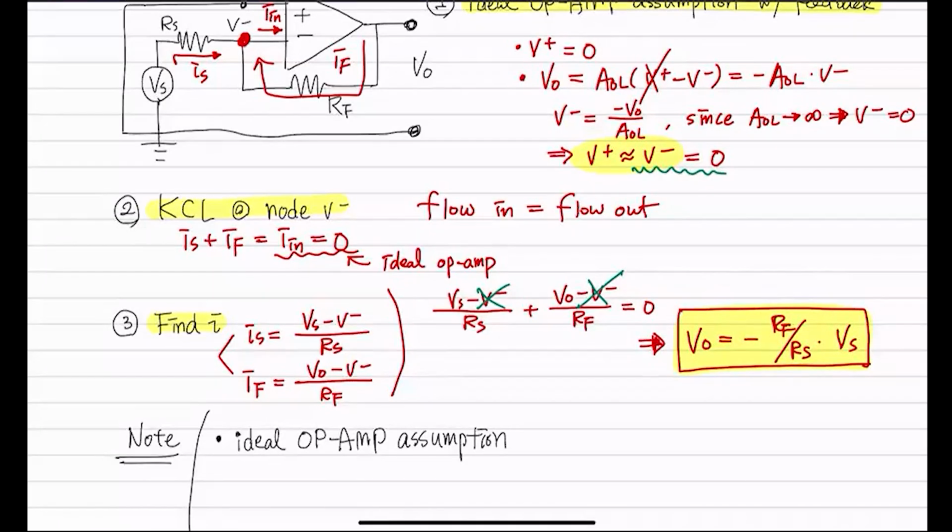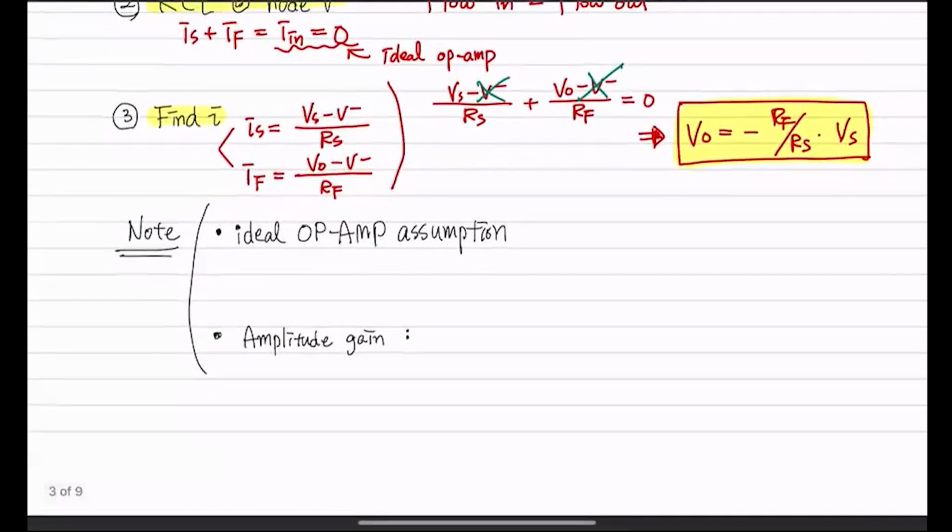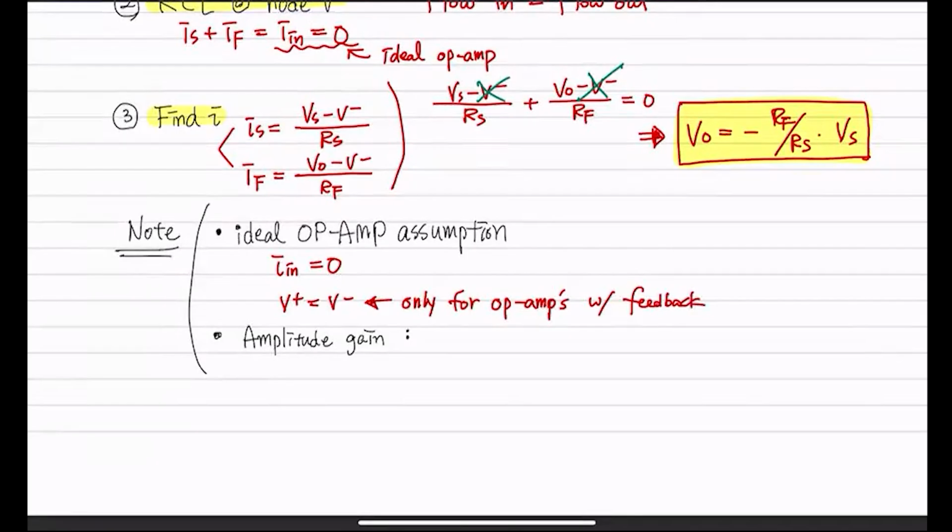Okay, so if I just summarize, the ideal op-amp assumption we just used here is In was 0 and V positive is equal to V negative. And by the way, this condition is only for op-amps with feedback, or more precisely, negative feedback.